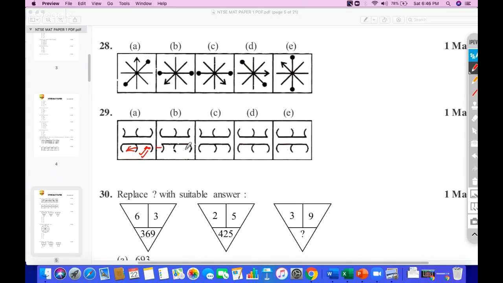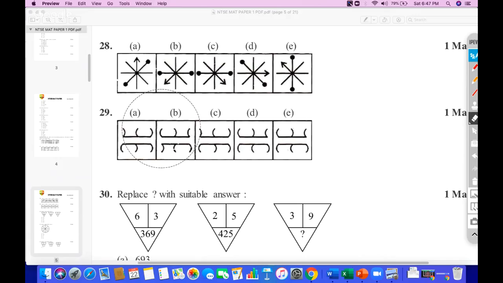Similarly, two curves are on the same side here. Here, do we have two adjacent curves? So this is not the case. Here two adjacent curves are towards the same side, here also, here also. Here two adjacent curves are not towards the same side. So this is the odd one out. So 29 answer is B.